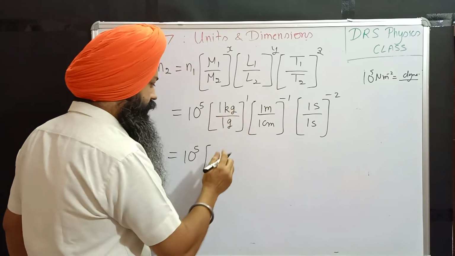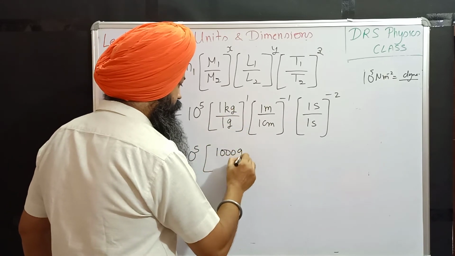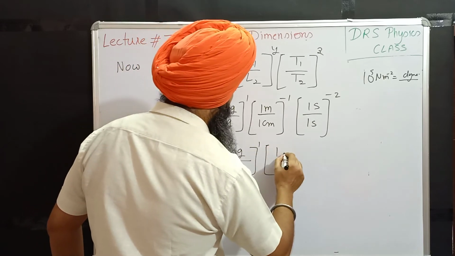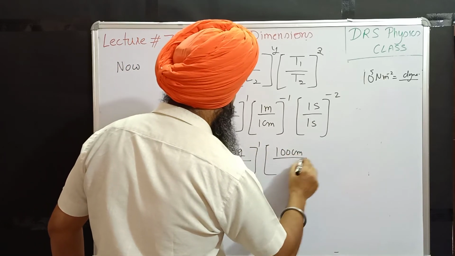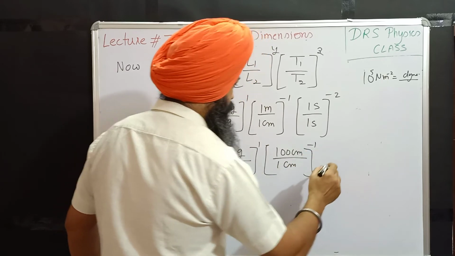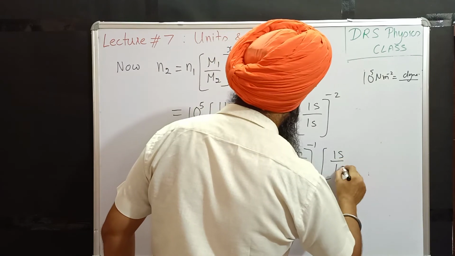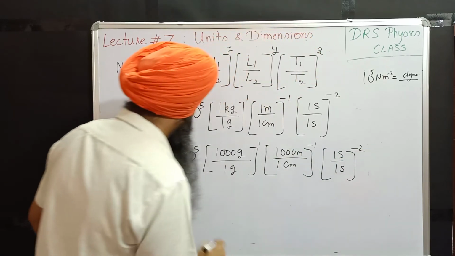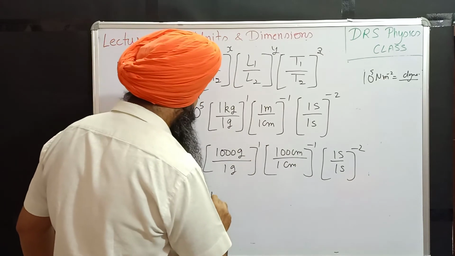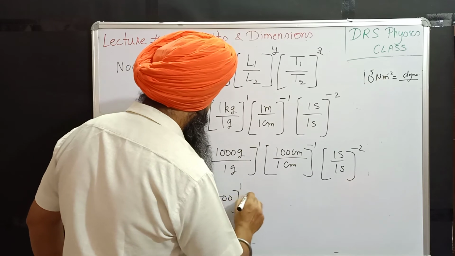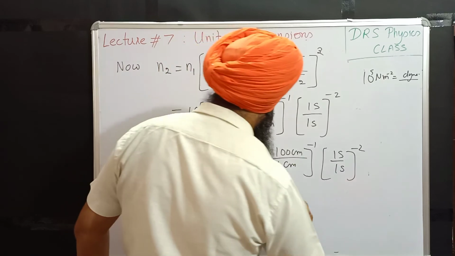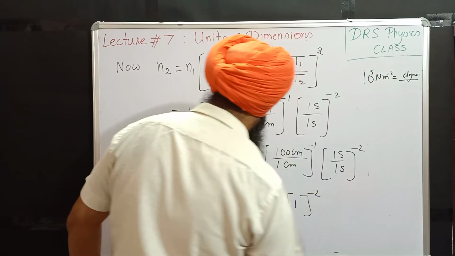What is the relation of kilogram and gram? 1 kilogram is equal to 1000 gram, power 1. 1 meter is equal to 100 centimeter, power -1. Cancelling the common things, we get 1000 power 1, 100 power -1, and 1 power -2.